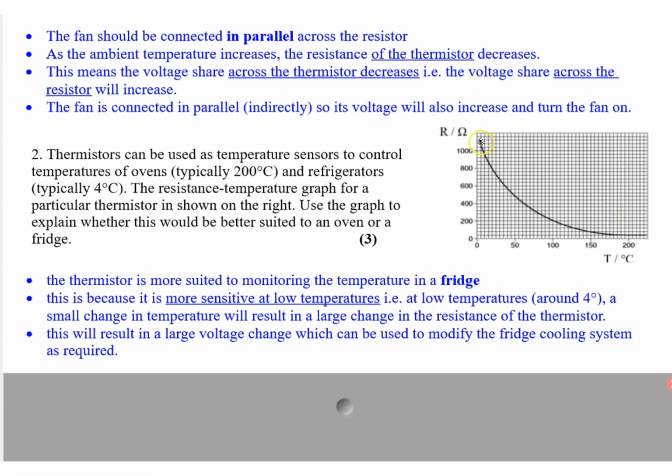However, if we use this in a fridge, then around about 4 degrees C, a small change either way would have a substantial difference in the resistance. Therefore, the voltage across the thermistor would change substantially, and we'd be able to measure that voltage change and then turn on or turn off the cooling system as required. So the steeper the gradient, the greater the sensitivity of the thermistor or the LDR.